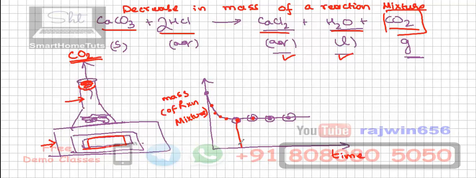So at this instant, the reaction has stopped. Here the value of negative gradient is tending to 0. When the negative gradient becomes 0, the reaction has stopped. So this is the second method that we have considered, decrease in mass of the reaction mixture.